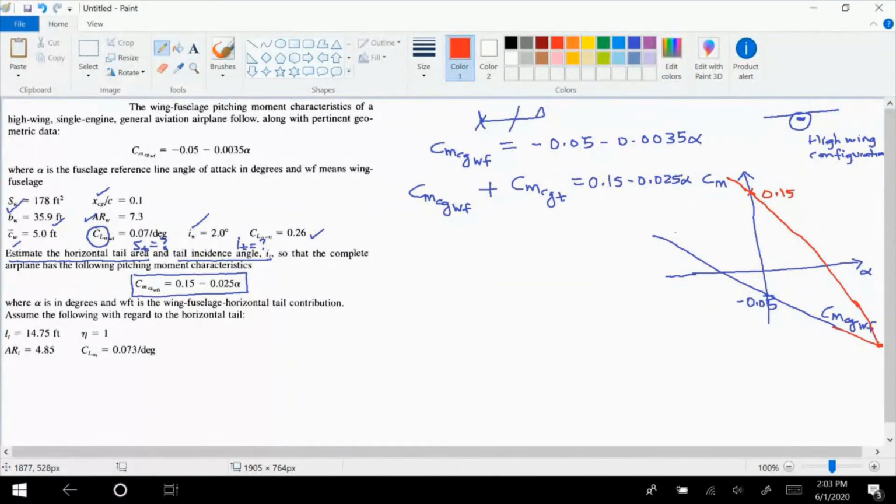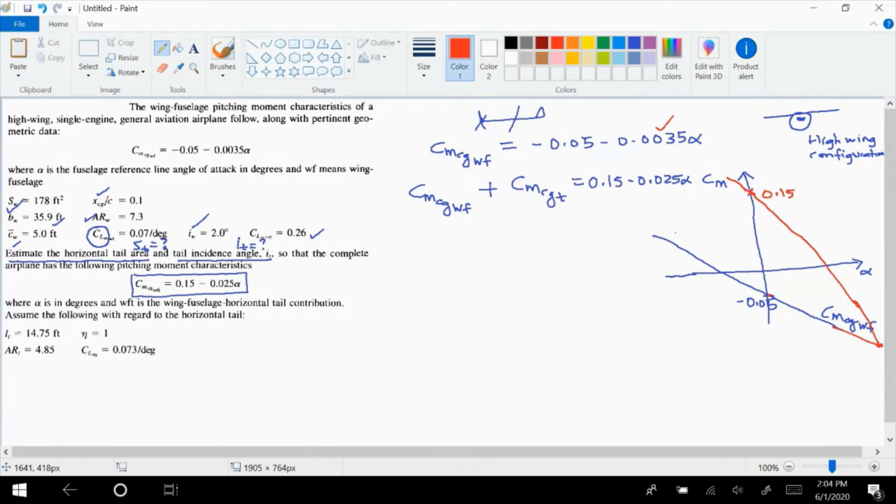The important thing here, from the practical point of view, is that because of the tail, the aircraft is able to fulfill the desirable characteristics for static stability, right? So the wing and fuselage only made the slope negative. You can see that. But the intercept was also negative, right? We want a positive intercept so that the aircraft can be trimmed at a positive angle of attack.